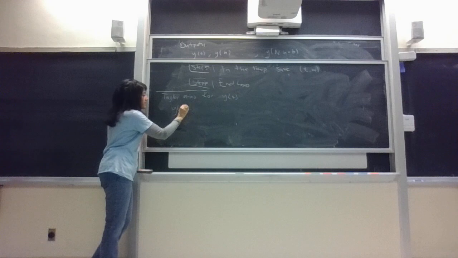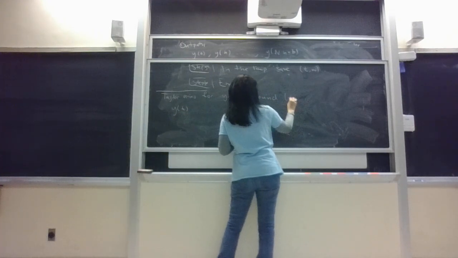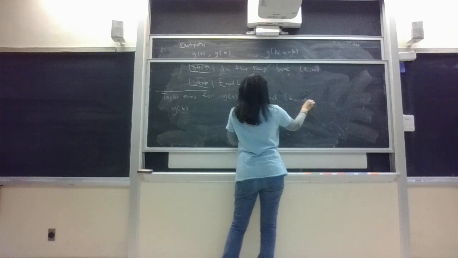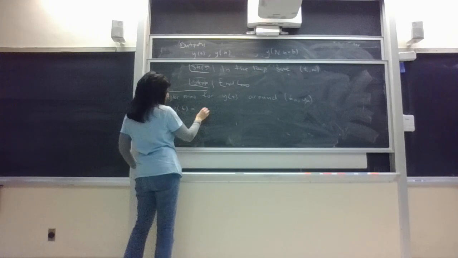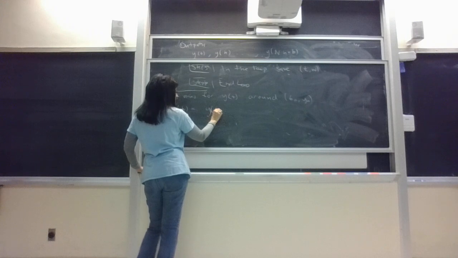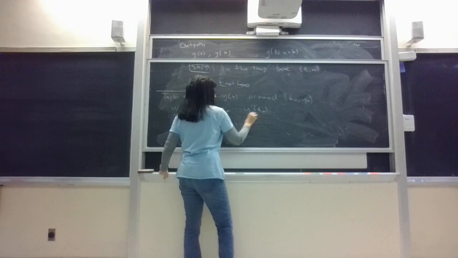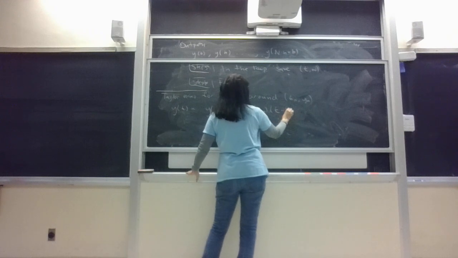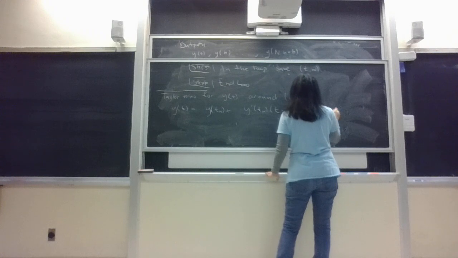So if I have y of t around tn plus 1, then the first thing I have here is y of tn plus... So see, I'm writing it down with no notes.